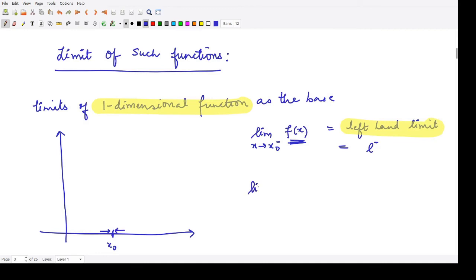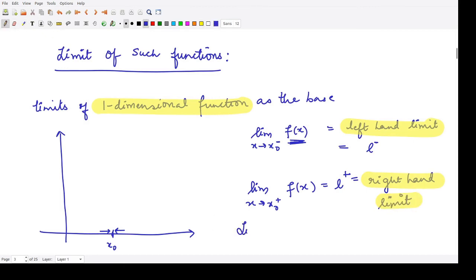So limit x goes to x naught positive of f of x, that is L positive. So this is the right hand limit defined for the particular function. So now you say the limit of this function exists if the left hand limit is equal to the right hand limit. So this is the definition.